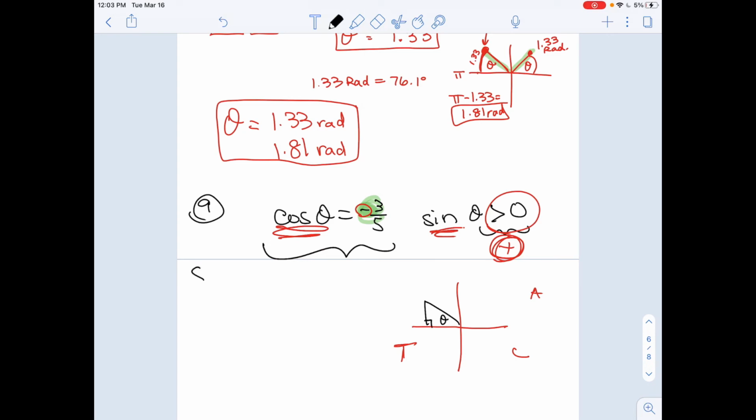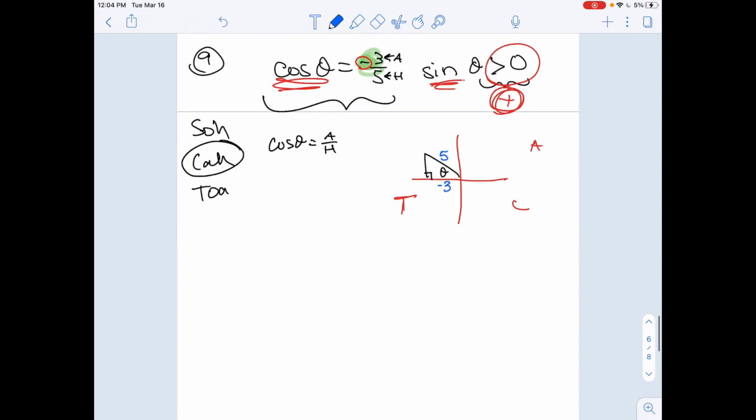Remember, cosine, if I look at SOH CAH TOA, CAH tells me cosine is A over H. So if this is A and this is H, we can label our triangle. So the adjacent side would be right here at -3, and the hypotenuse side is 5, okay? So I'm looking for the other 5 trig functions.